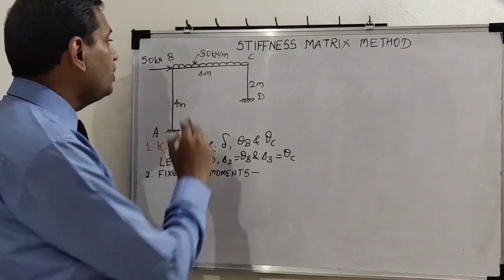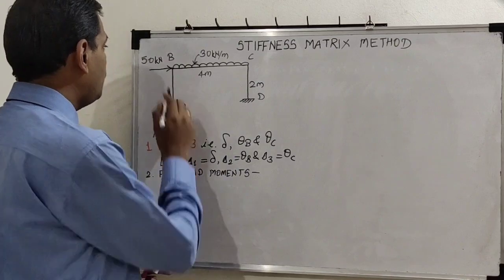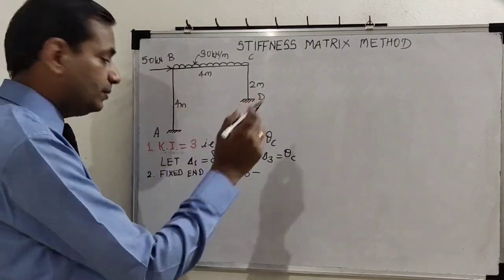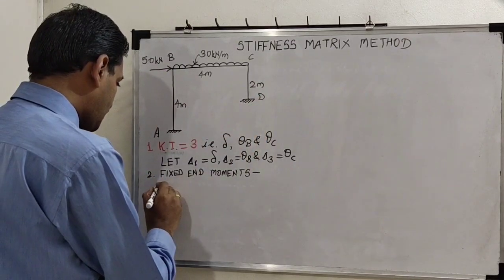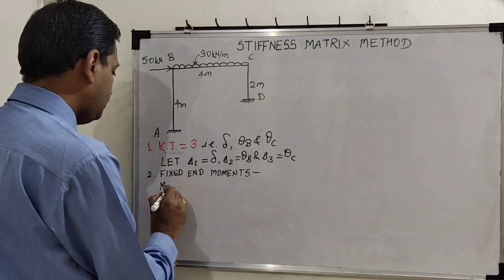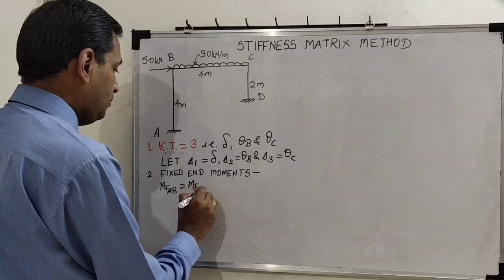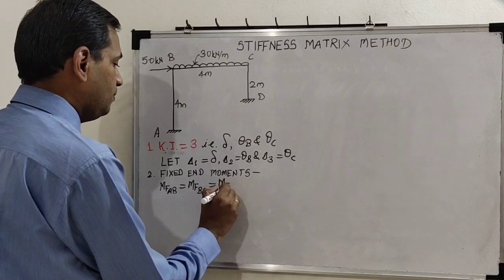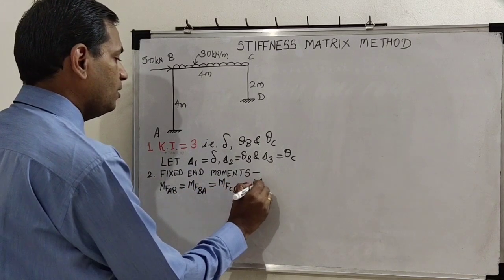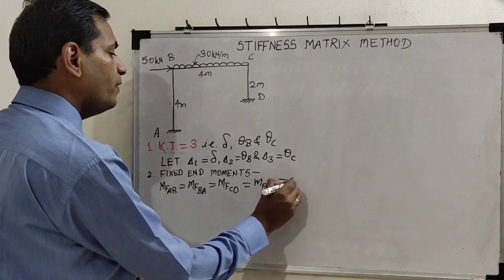The 50 kN is on the junction of column and beam, so it will not be considered in the column. So MFAB, MFBA, MFCD, and MFDC, these 4 values will be 0.